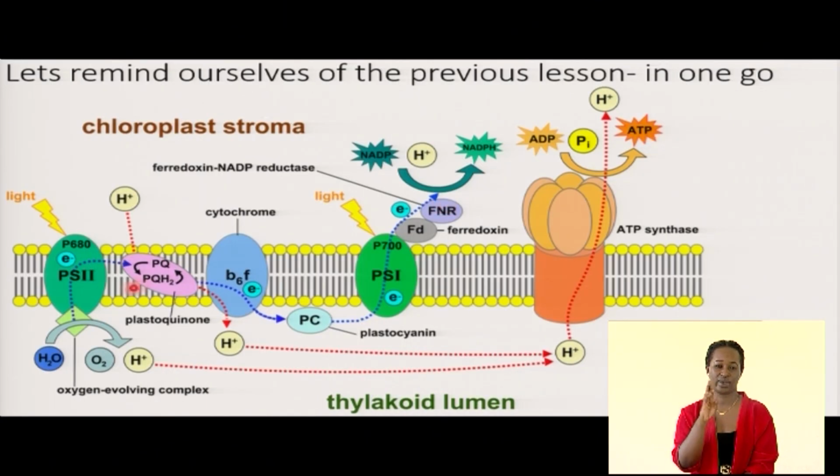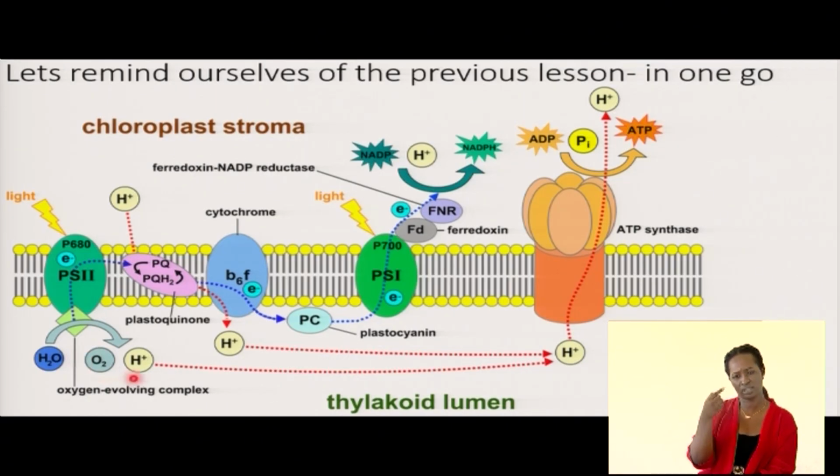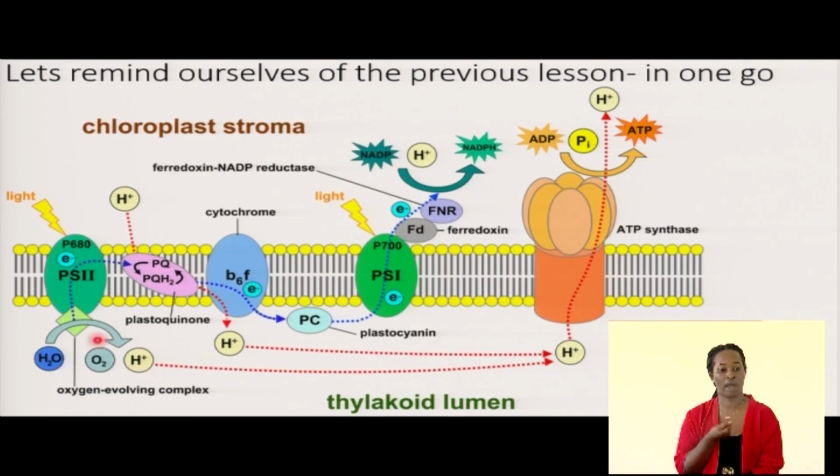That's one. Two, at the same time, water is split by photolysis, producing oxygen as the other product, a waste, and hydrogen ions. The constant production of these is going to create an accumulation of the hydrogen ions here compared to this side up. So the amount is kept high here because of photolysis.